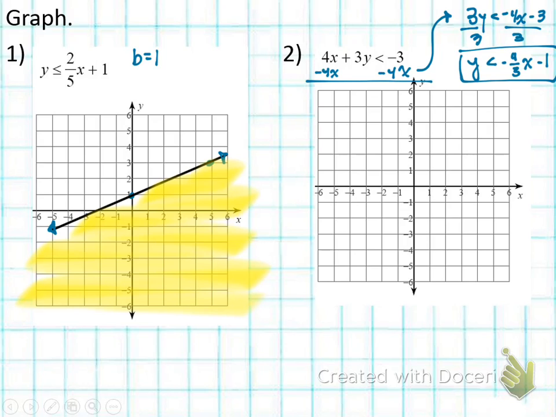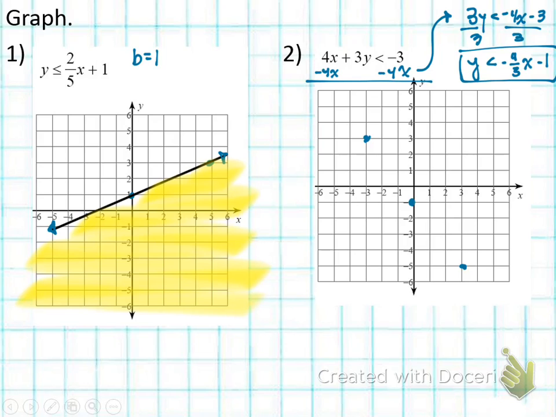So this is really our equation here. Now I'm going to plot my y-intercept of negative 1. We said there's a negative slope, so it's going down 4 and running 3, so there should be a point here. Can't go down 4 this way, so I'm going to go the opposite way on the first point, opposite of negative 4, running the opposite way. And we got some points here.